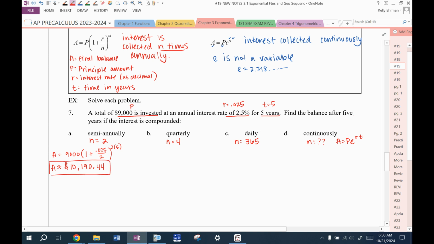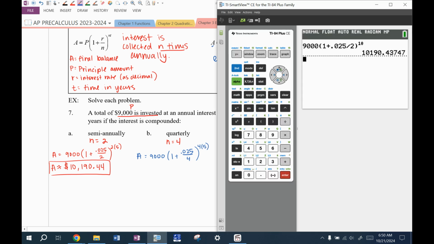All right. And then when you do this, the formula just keeps staying the same. The only thing that changes is N. So I'm still talking about investing $9,000. Now it's 1 plus 0.025 over 4, collecting interest 4 times a year. Raise that to the 4 times 5 power. So I just have to make some adjustments up here. I can go up here and grab this equation and say instead of dividing by 2, I'm going to divide by 4.